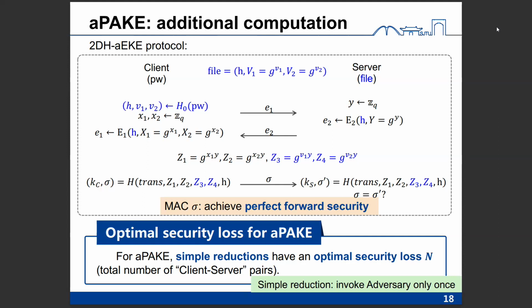Well, if we use hybrid arguments, we have not only the loss factor N, but also maybe Q, where Q depends on the session and the total number of hash queries involved by A. But N times Q is usually larger than N. So the security loss N makes sense.